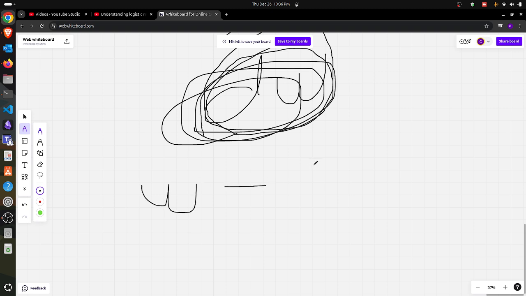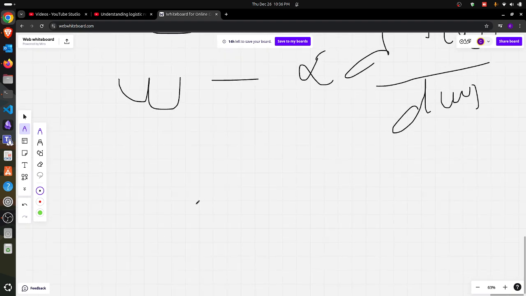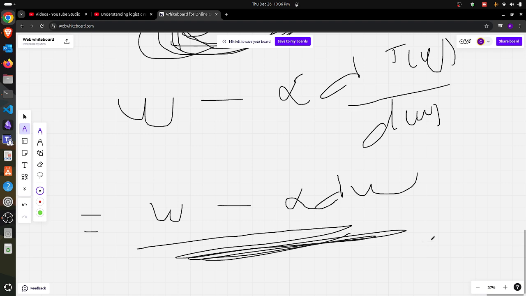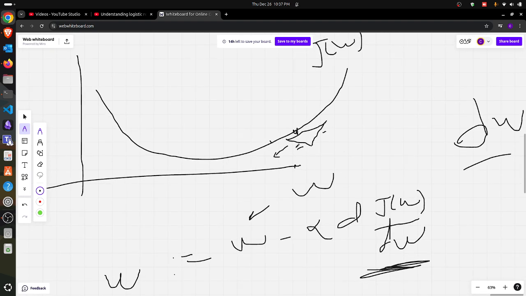It will look like weight minus learning rate into rate of change, which is going to be w minus alpha dw, and that means we end up taking a step down to the left.